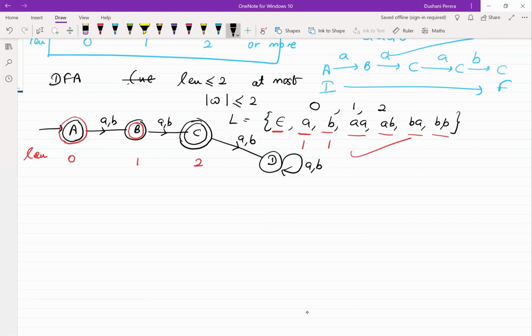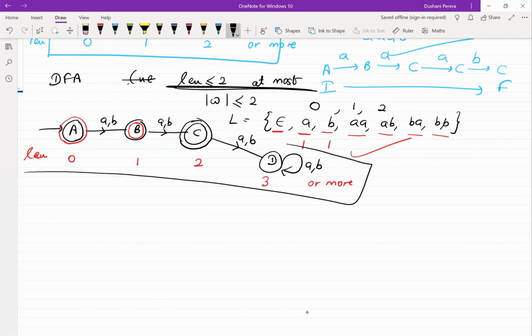Okay, so this is length 3. Length 3 ones are rejected, and this recursion is to say or more. So anybody who is 3 or more is rejected. Okay, right, so this is the minimal deterministic finite automata that we can draw to depict this particular case.